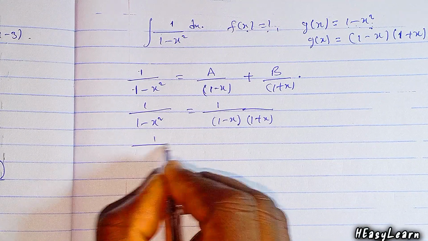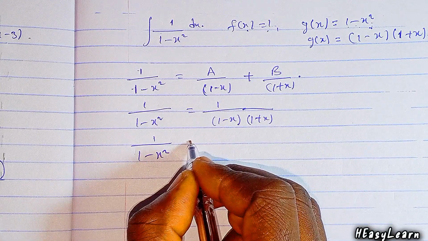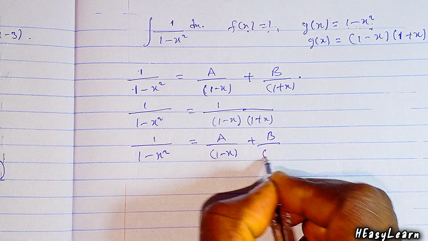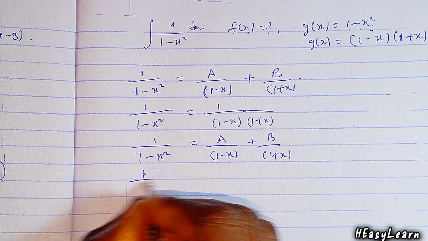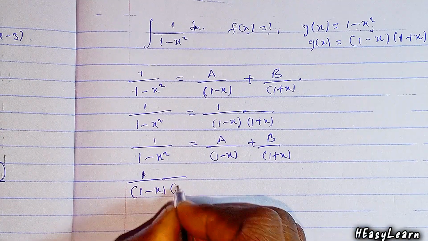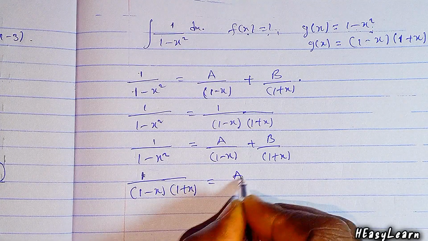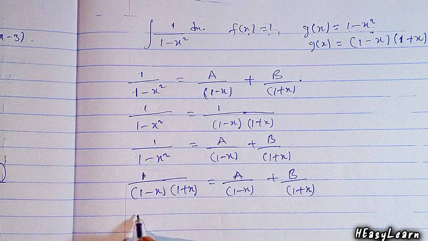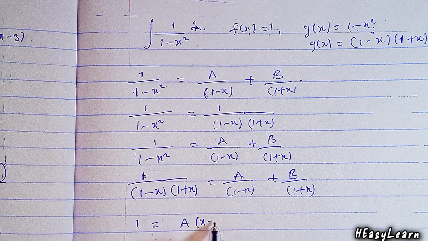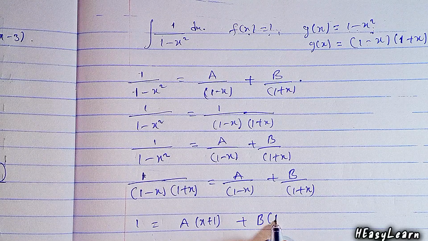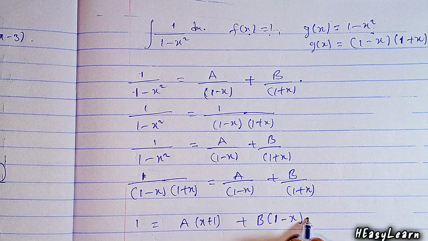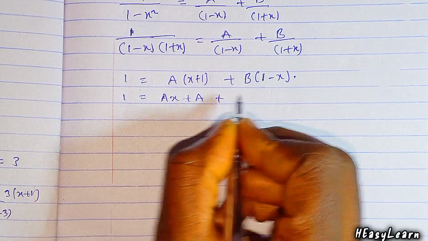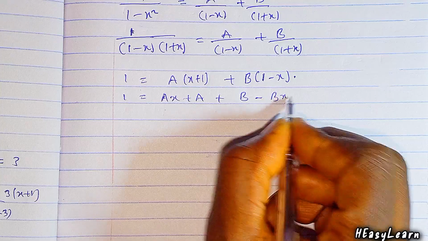So now clear the fraction: 1 over (1 minus x)(1 plus x) equals a over 1 minus x plus b divided by 1 plus x. This is the same thing as a(x plus 1) plus b(1 minus x). So what is this? 1 equals ax plus a, open the bracket, plus b minus bx.